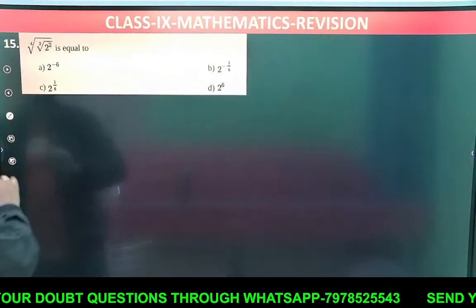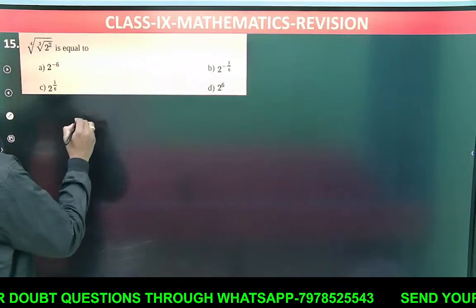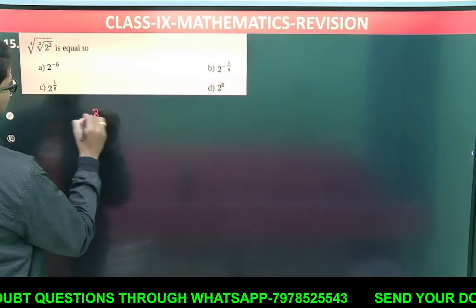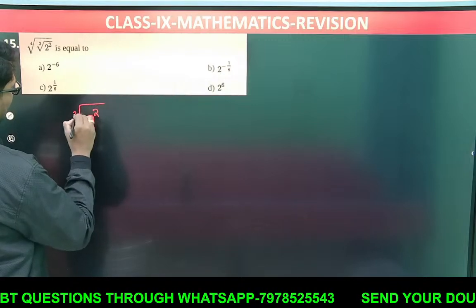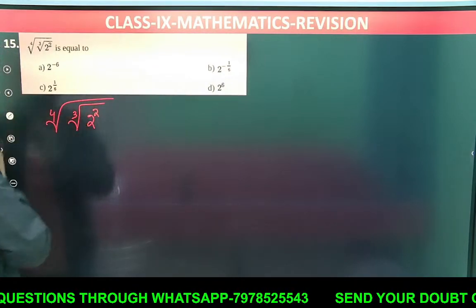Question number 14, 15. It is also from exponents. Check: this is 2 square whole to the power 3, with cube root and fourth root.